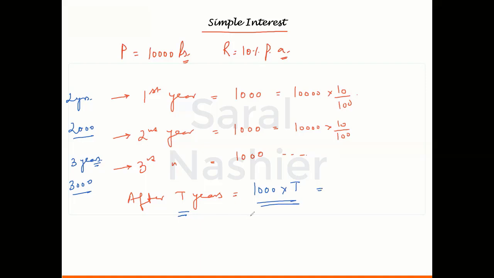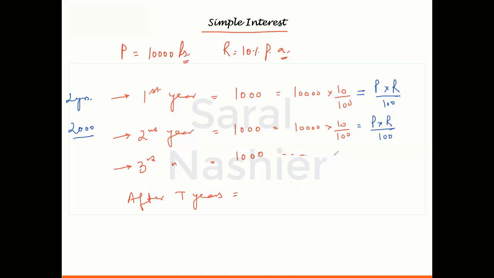Or if I write it in the form of a formula, you can say first year simple interest is P into R divided by 100. Second year it is P into R divided by 100. Third year again P into R divided by 100. So what is the interest for T years? I would say P into R divided by 100, T times.